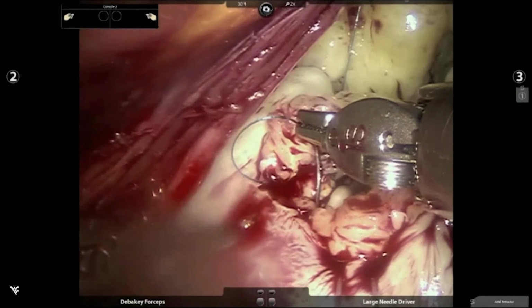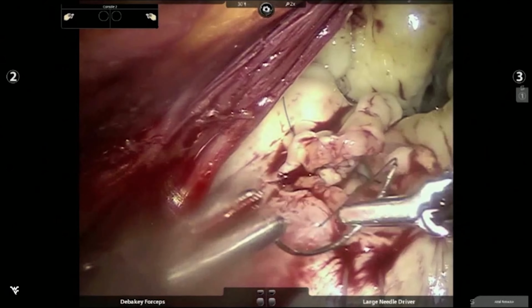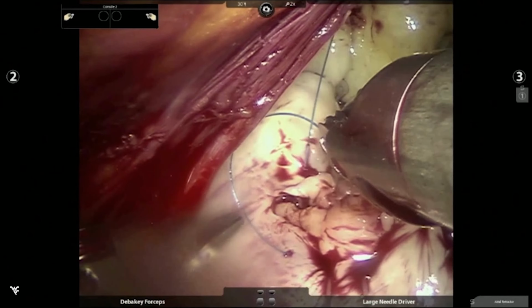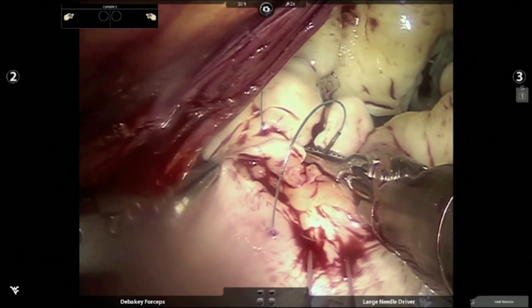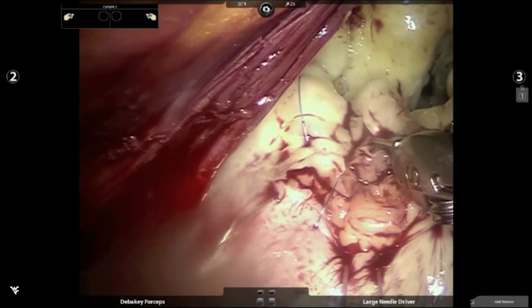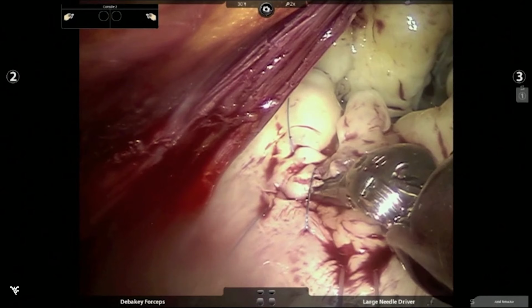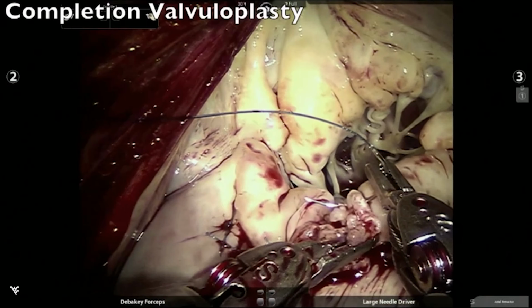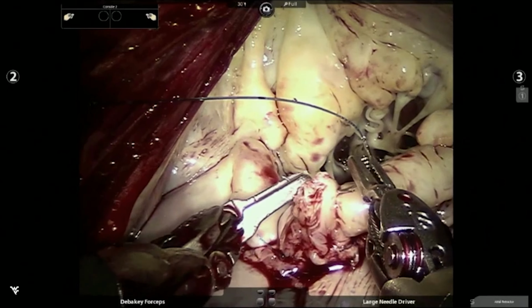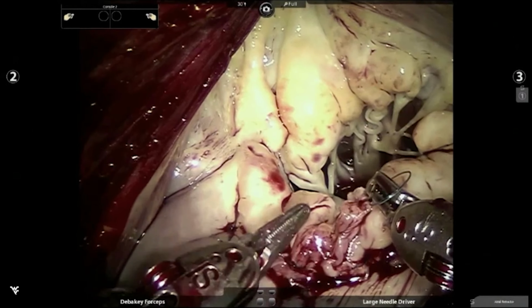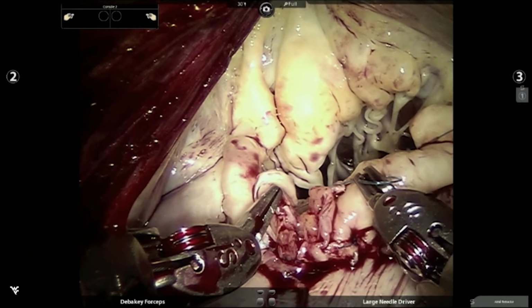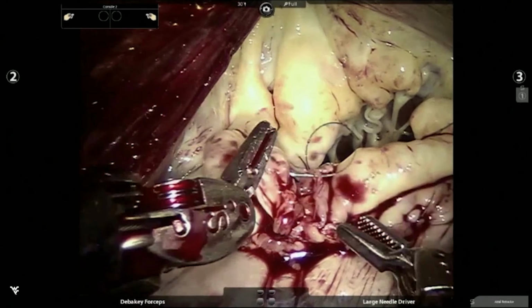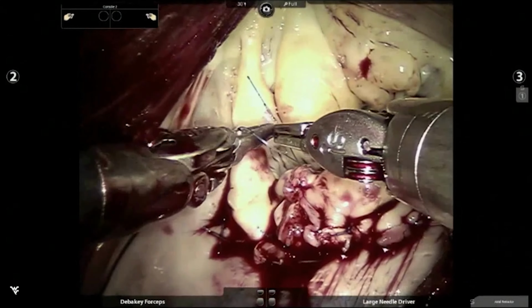Again, the slide is accomplished by bringing the existing leaflet tissue along the annulus, thereby reducing the height. Now we still can do some extra trimming of the leaflet once the two leaflet portions are back together, and now do the completion valvuloplasty using the same interrupted techniques previously demonstrated.